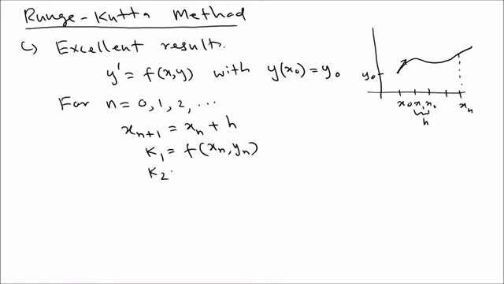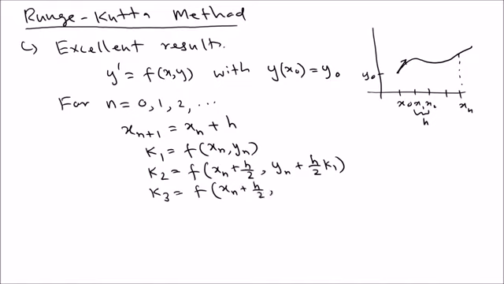Then k2 is the slope halfway in between: f(xn plus h over 2, yn plus h over 2 times k1). Then k3 is f again at the halfway point, (xn plus h over 2, yn plus h over 2 times k2).